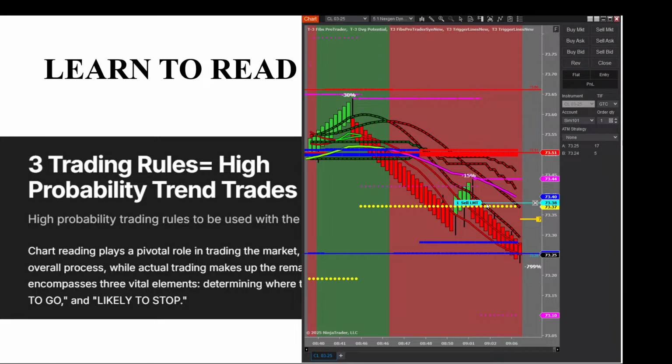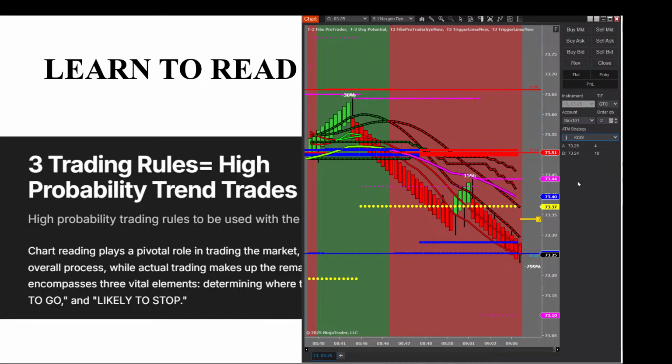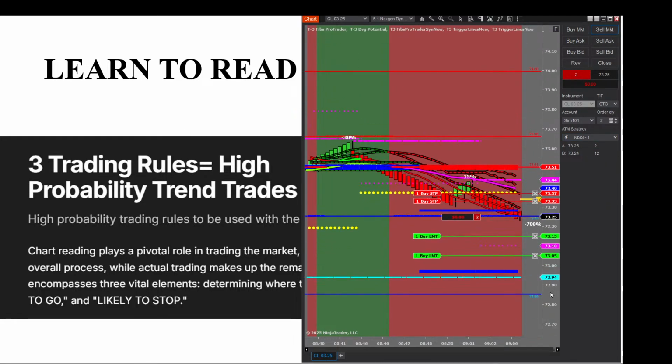Well, until you're actually in the market, you don't need them because you're not in it. But what happens, on crude oil here, is once you get into the market, once that order is activated, both your stops and your targets will show up for you.